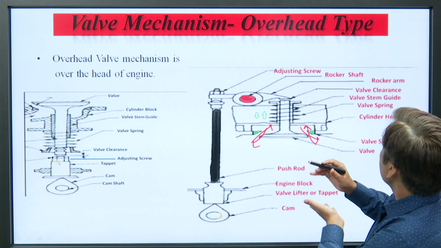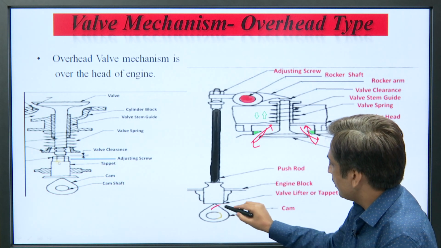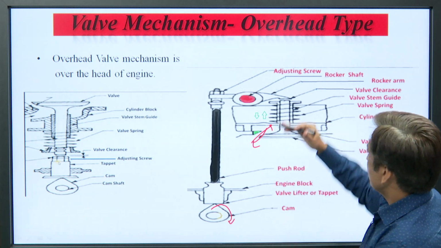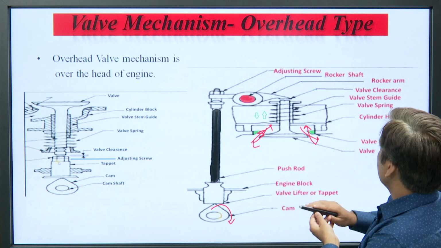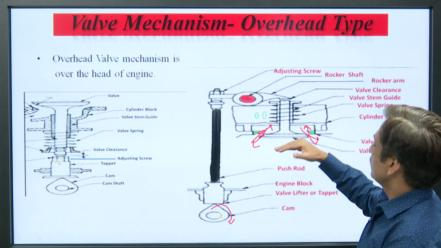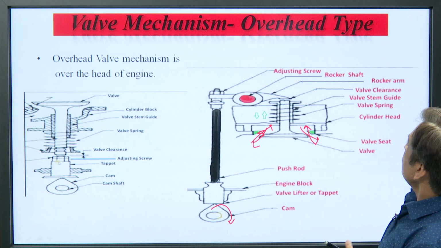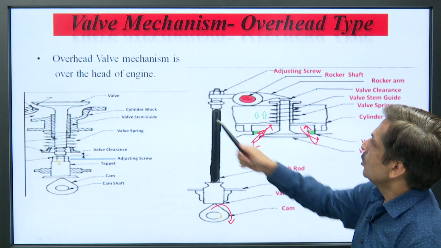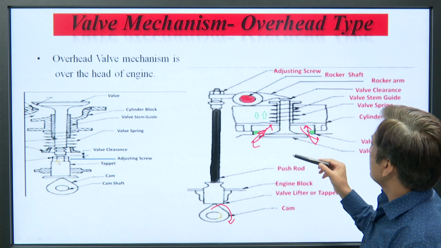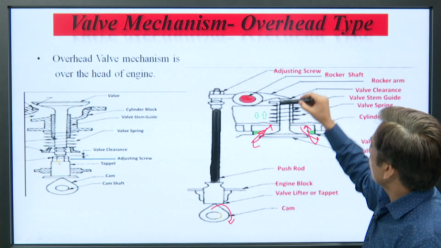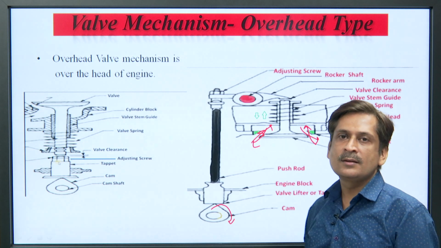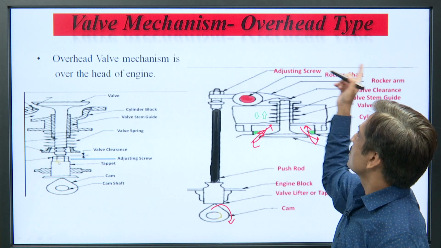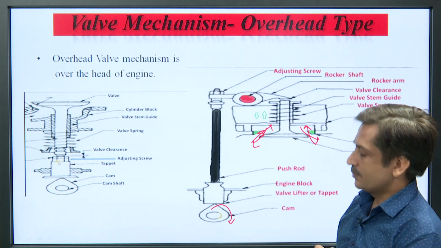When this end comes here, the spring compresses again and the valve sits over the valve seat and gets closed. So, this was the overhead valve. Why overhead? Because this is the engine head and we provide the valve over the head of the cylinder, that is why it is known as the overhead mechanism.